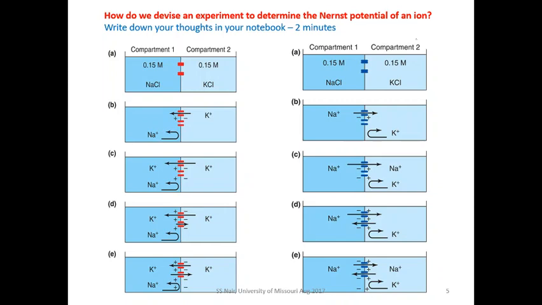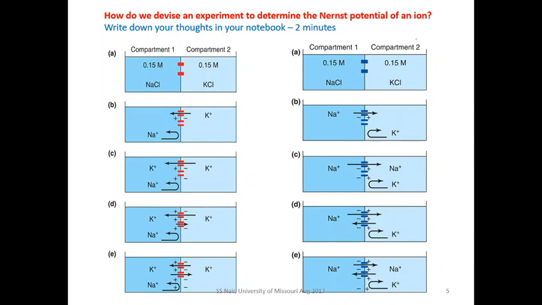What happens as this diffusion continues? The K plus ions that diffused left leave the chloride, Cl minus ions, their buddies, behind on the right side.